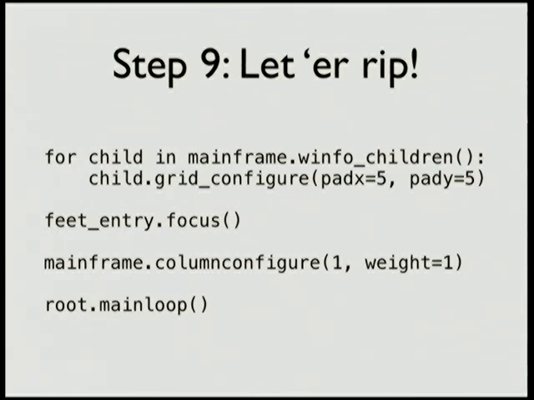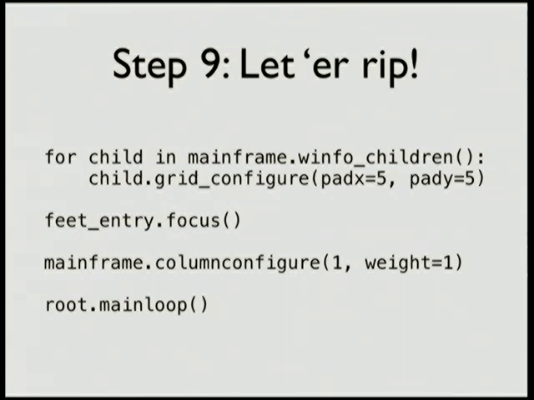We do some last little bits of setup. The widget tree has a sort of self-reflective property, so you can say, let's have a look at all the children in the mainframe and configure them to have the same amount of padding, so an X and Y amount of padding is going to be on all of them. We can specifically say, give the feet entry box focus, so the cursor is going to be stuck to that window initially. And we're going to configure our weights.